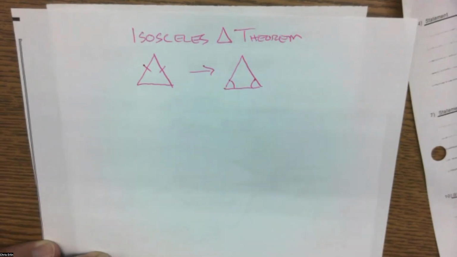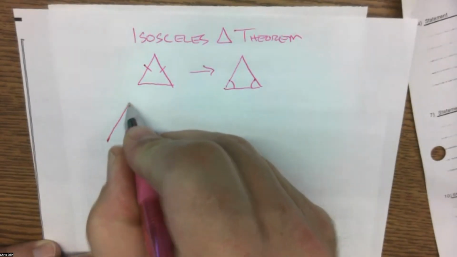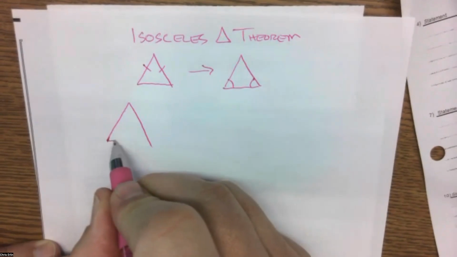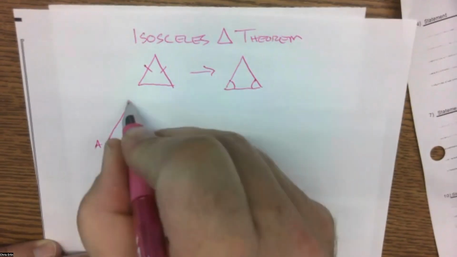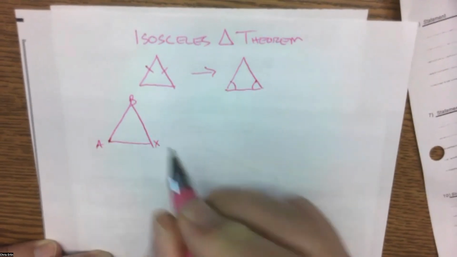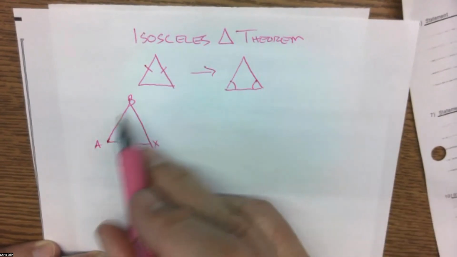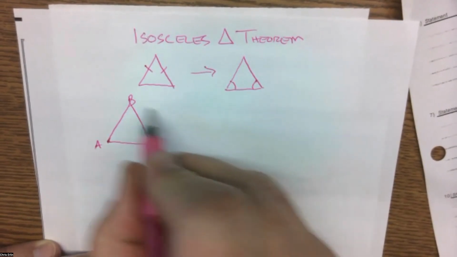In order to prove this, I need to give myself a picture with letters or numbers or whatever, so that I can be specific. And I want to start with this. What's my given?